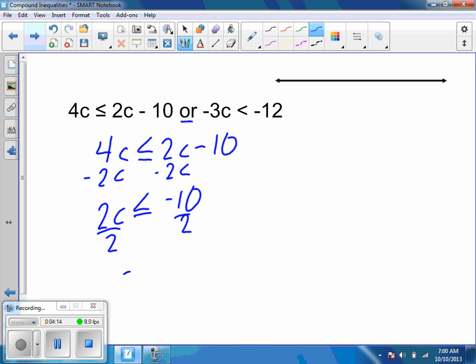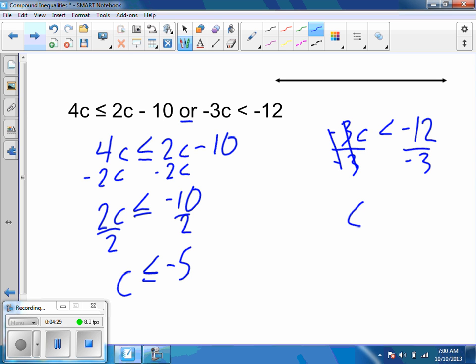Divide by 2, divide by 2. c is less than or equal to negative 5. Take my other one. Negative 3c is less than negative 12. Divide by negative 3. Since I'm dividing by a negative, I do have to flip my inequality sign. Negative 12 divided by negative 3 is a positive 4.